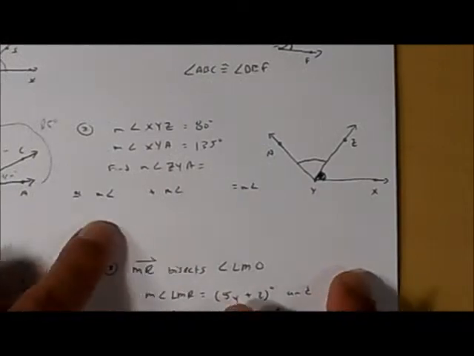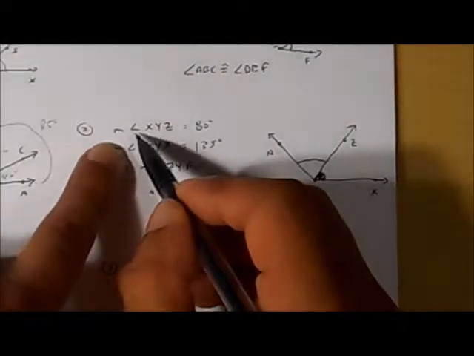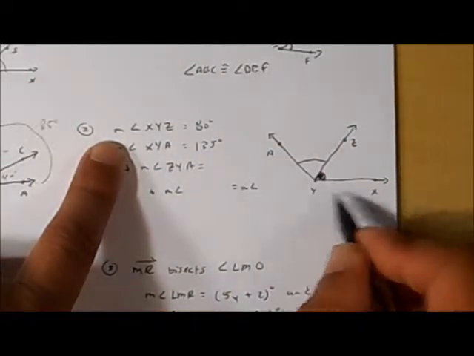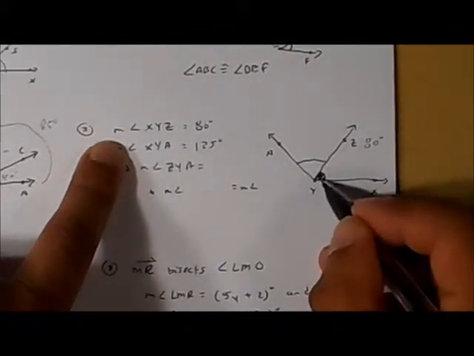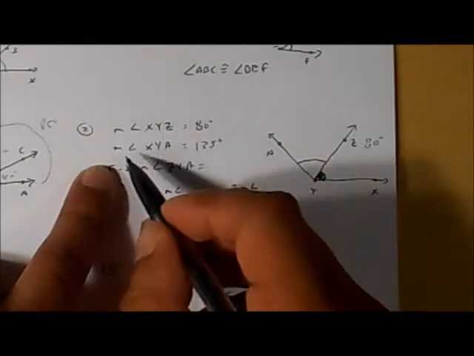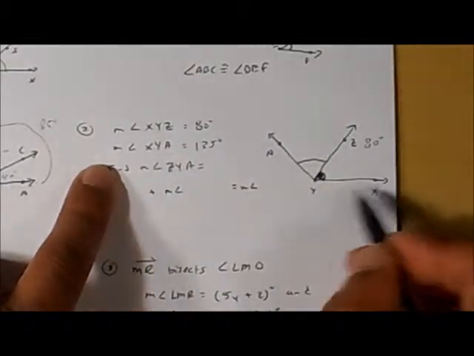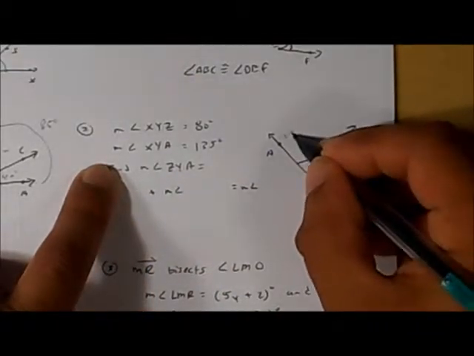Now let's go ahead and try our second example. The measure of angle XYZ is 80 degrees, this black shaded area. And then the measure of angle XYA is 135 degrees.